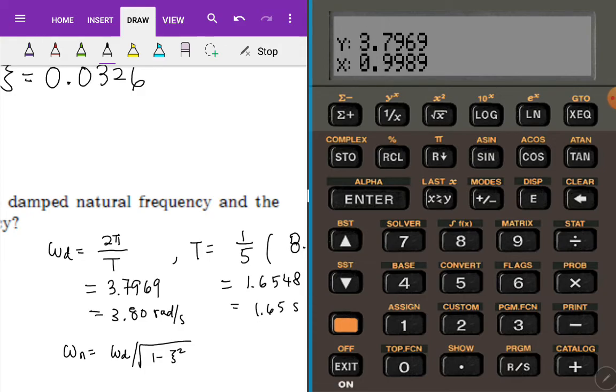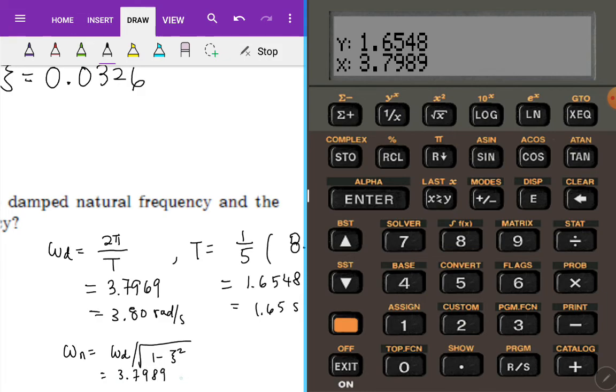Okay, and minus, I think I need a square root of the whole thing. And then invert it. Okay, and you multiply by the omega d, which is y there, right? And you multiply. Here it is. So that's equal to 3.798.